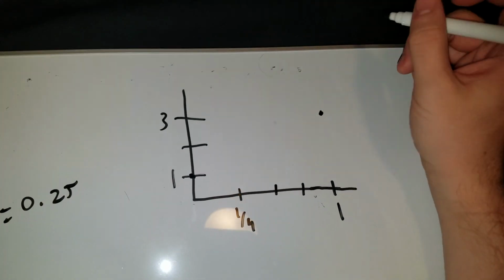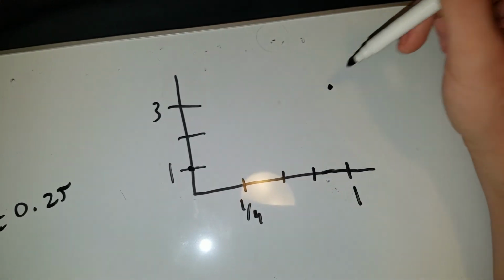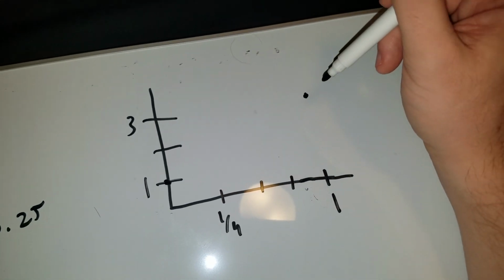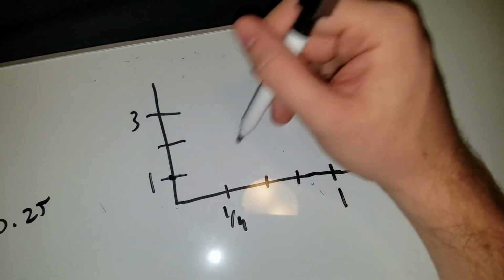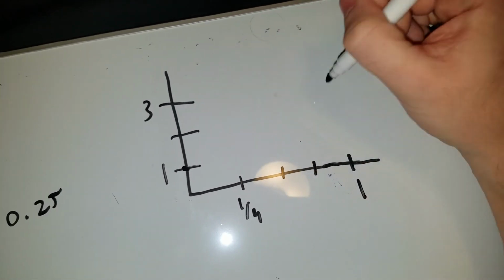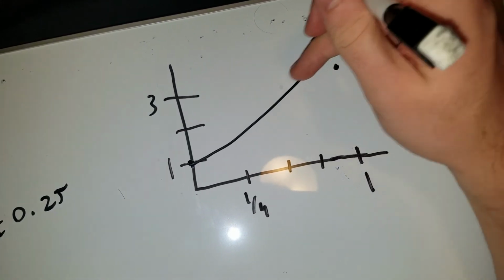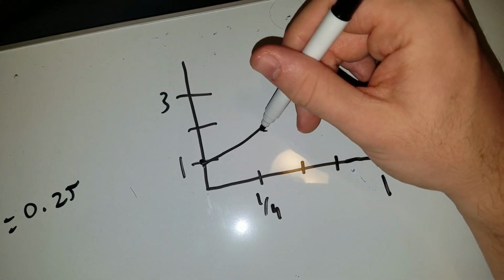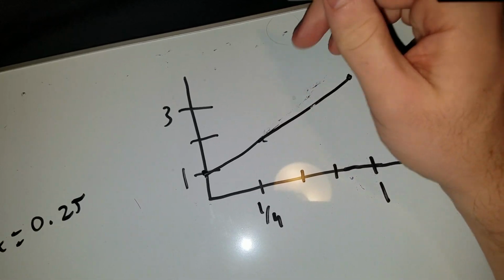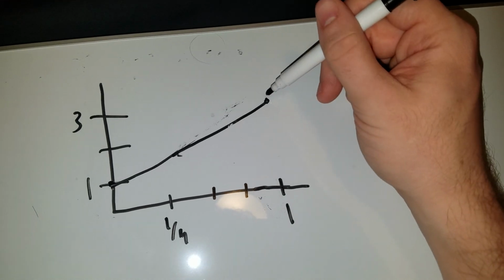So if this graph were continuous all the way from 0 to 1, and we know that where x equals 0 and where x equals 1, it's from 1 to 3, meaning that 2 is between 1 and 3, then we know there would have to be a point where y equals 2, because it couldn't be continuous otherwise.